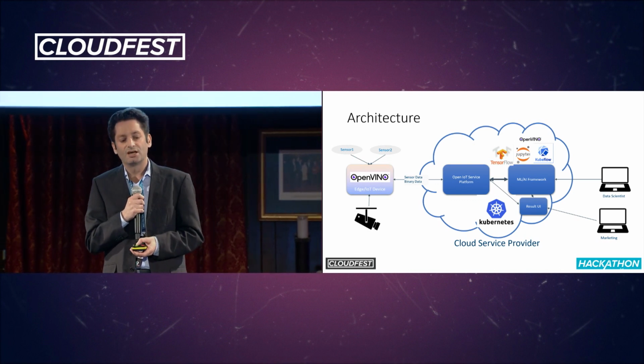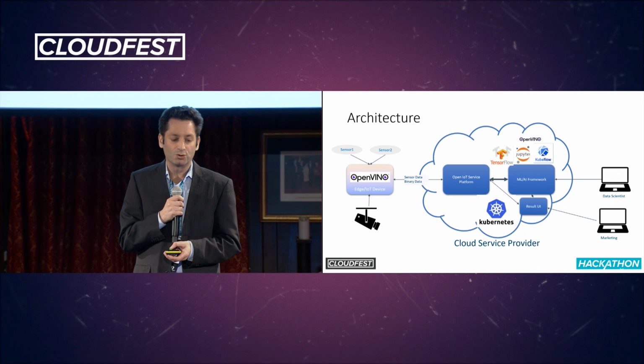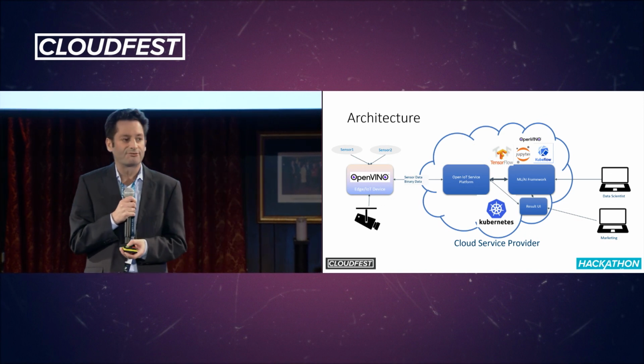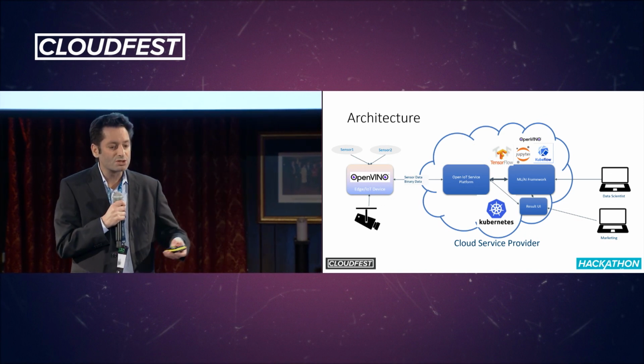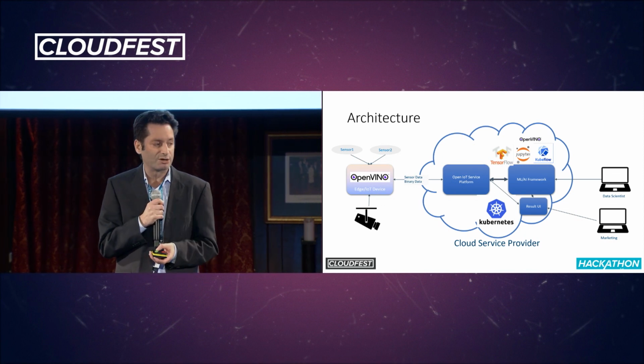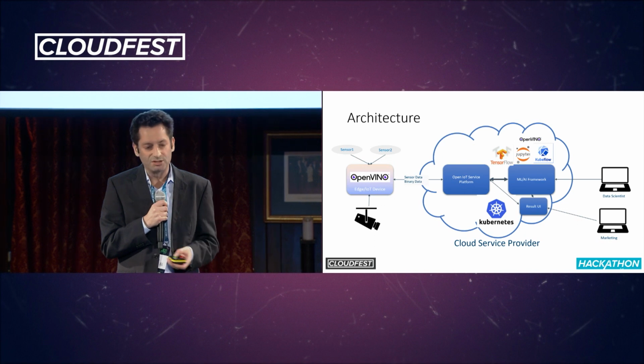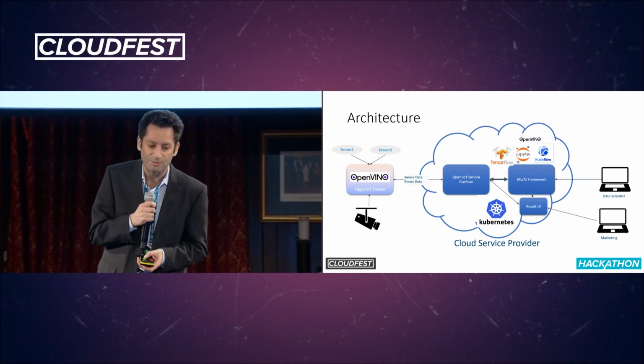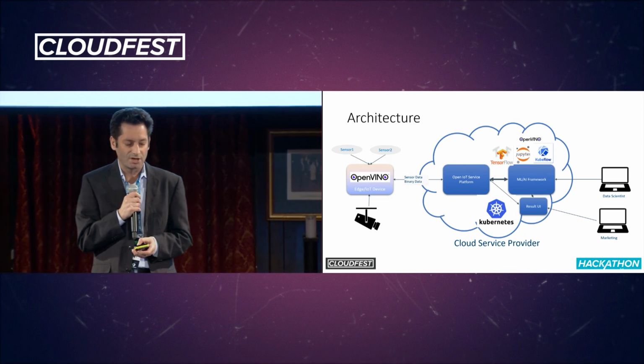On the left side, on the edge, we used OpenVINO, which is an inferencing framework where you can draw conclusions on images, which can run on different kinds of hardware, from FPGAs, CPUs, GPUs, to specialized neural network hardware.